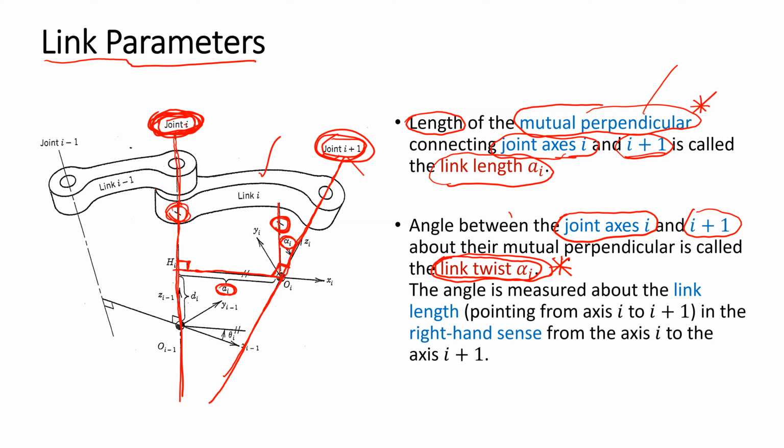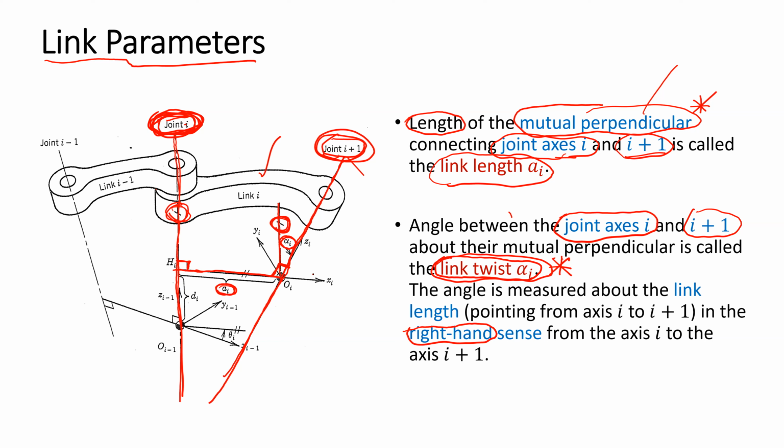Of course we can know the magnitude of the link twist angle, but how can we find the direction, the sign, positive or negative? The idea is that we need to use the right hand rule.